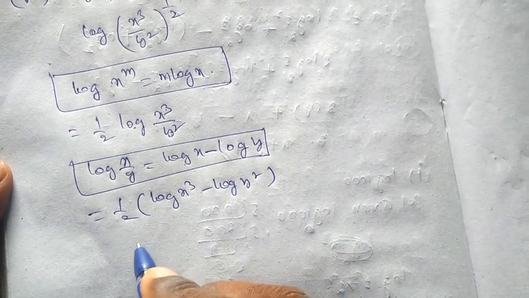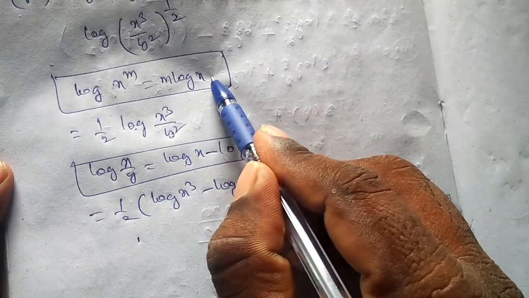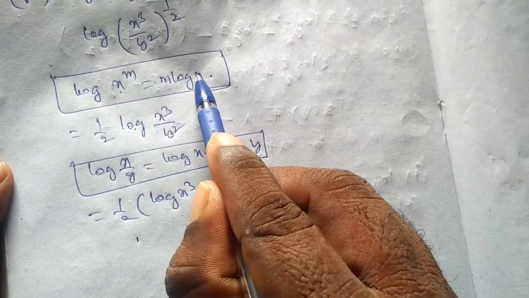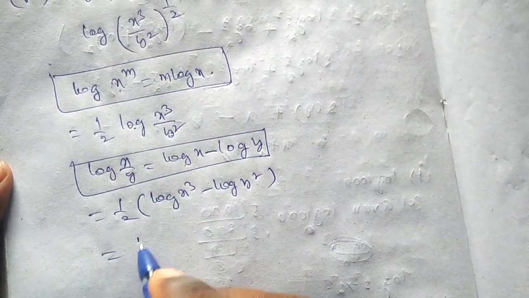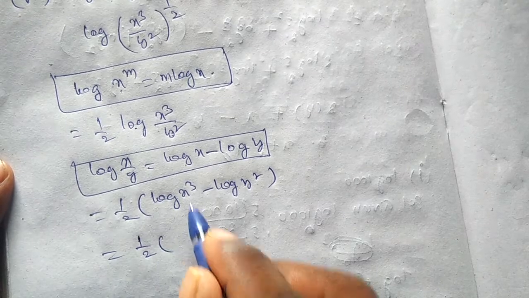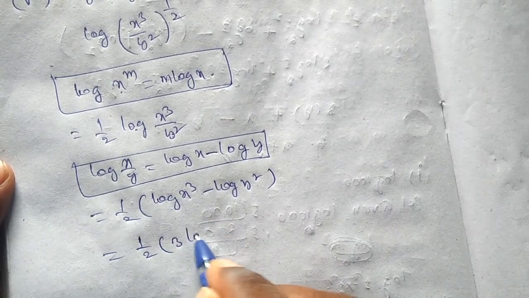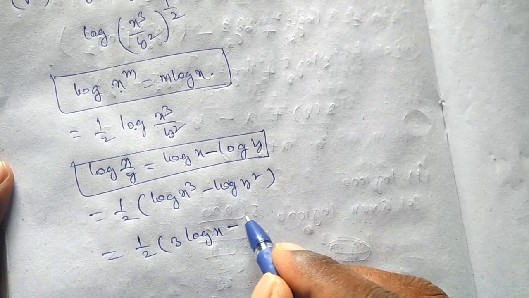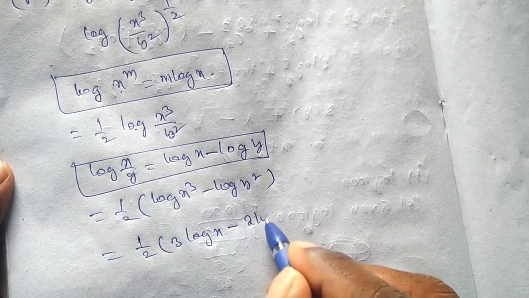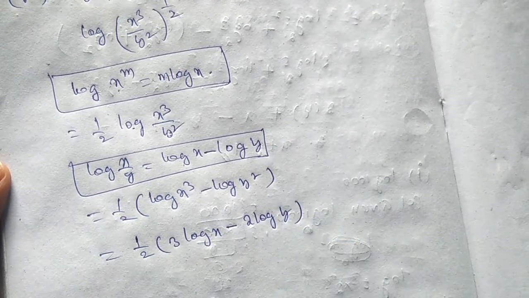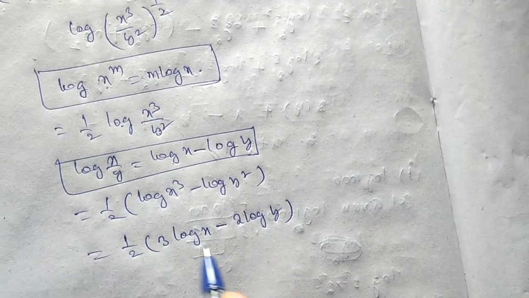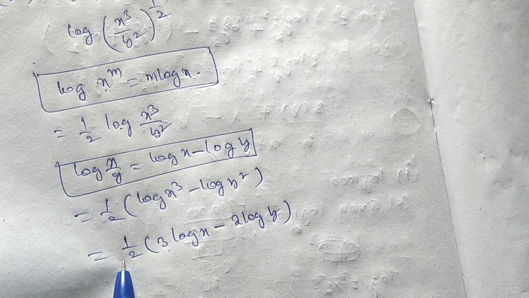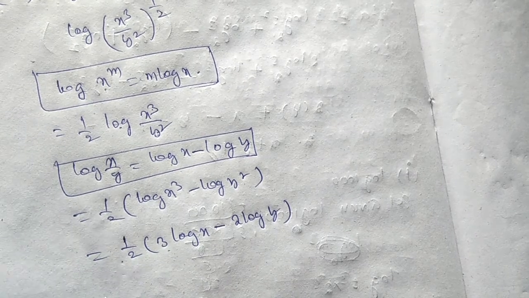One more formula I am going to use, the same log x to the power of m formula, I apply here: 1 by 2 into 3 log x minus 2 log y. Then I multiply these two terms by 1 by 2.